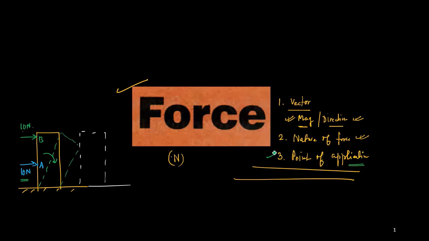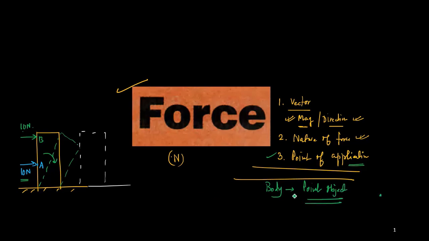But right now, regarding the body on which I am applying the force, we consider it a point object. What is a point object? Point object means the dimension of the object is not there.